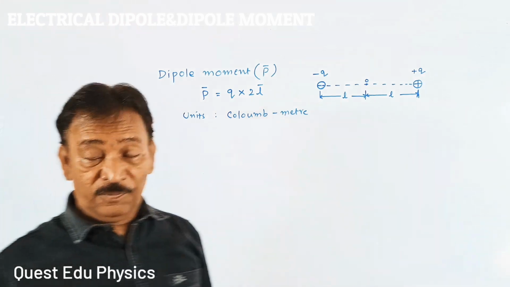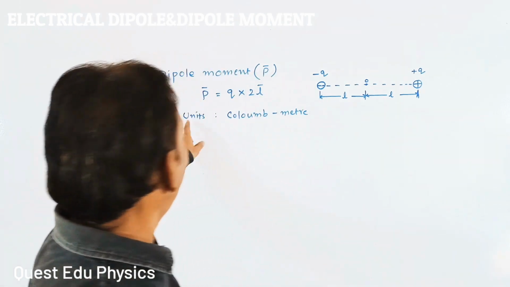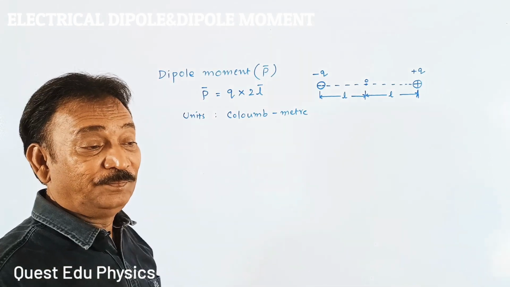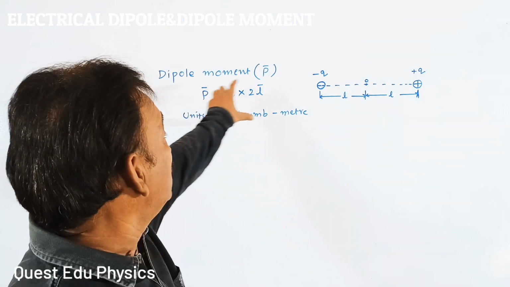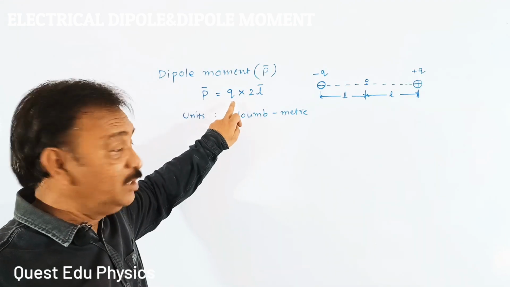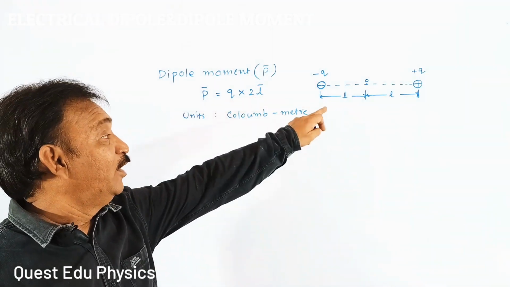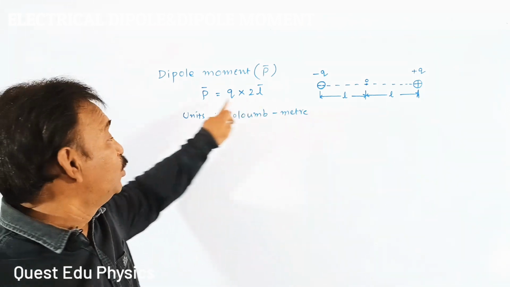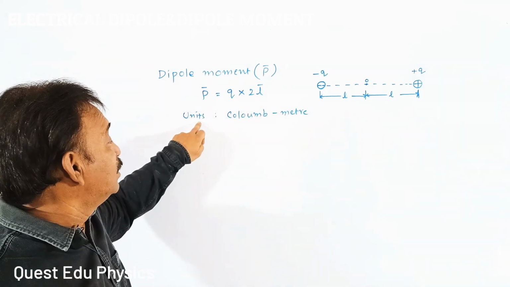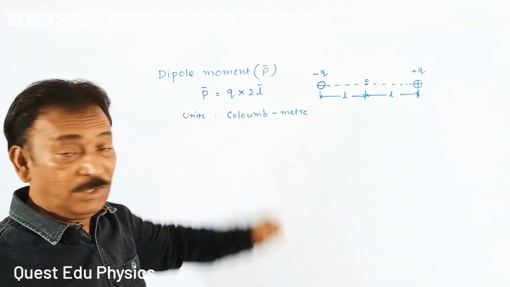The unit of dipole moment is coulomb into meter, students. Well, students, what is the dipole moment? It is the product of charge multiplied with the distance between the two charges. That is, the units are coulomb meter.